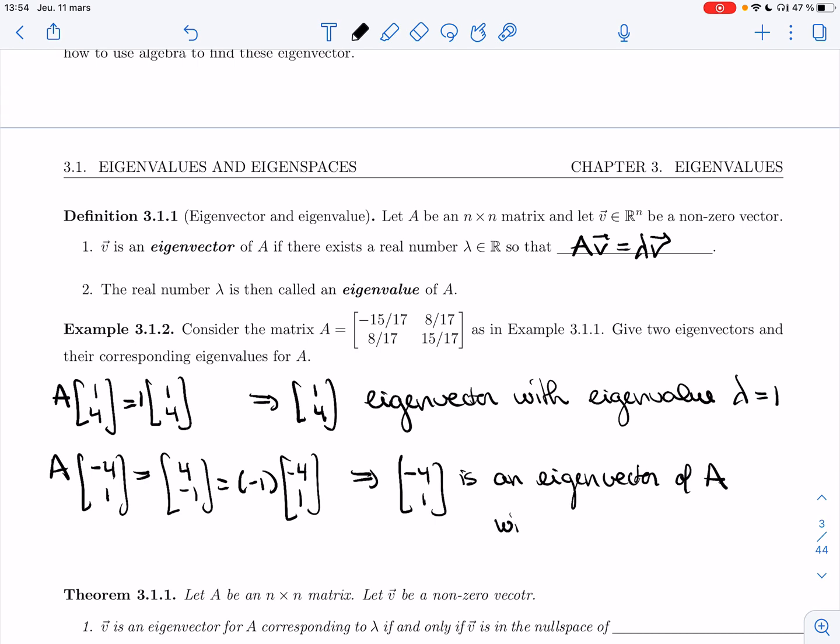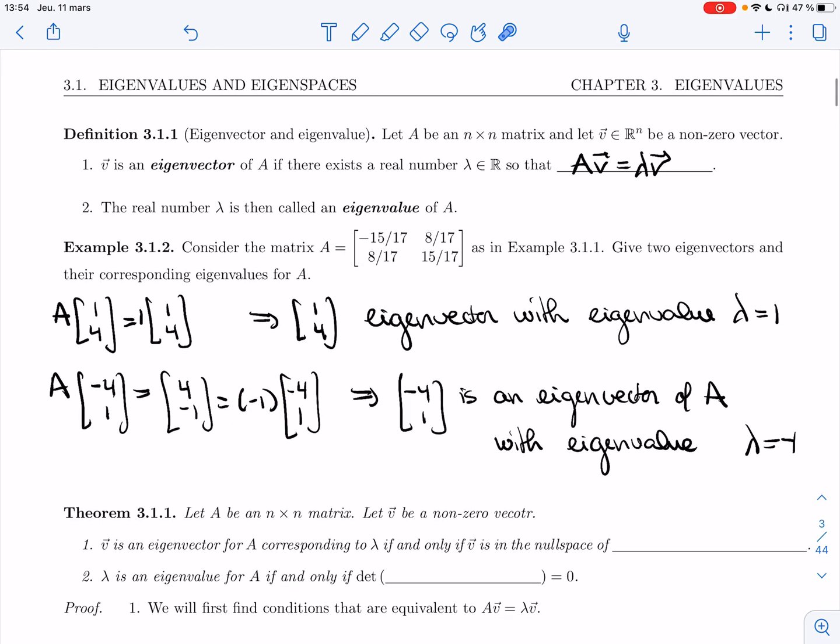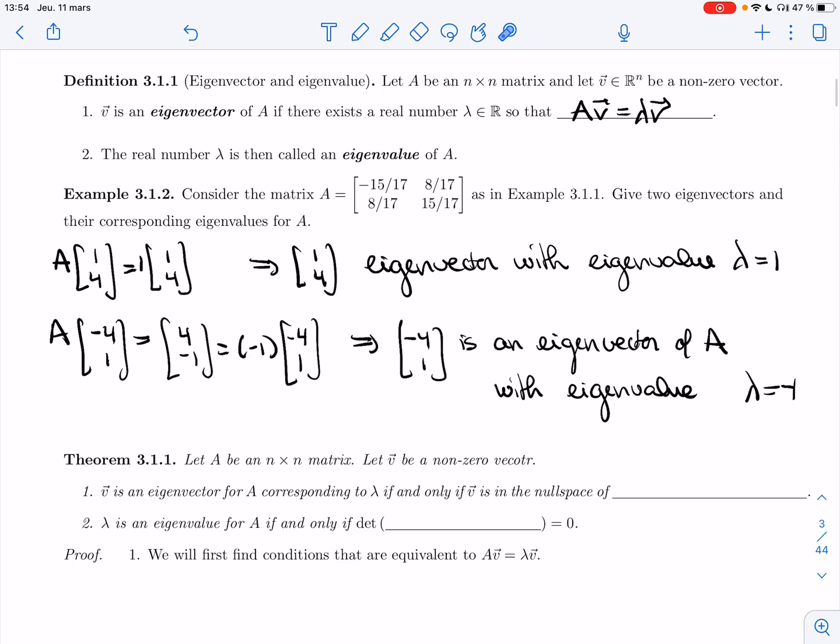Its eigenvalue is lambda equals minus 1. So whatever is in front. All right, so now we want to know how we can find these vectors without help from outside.